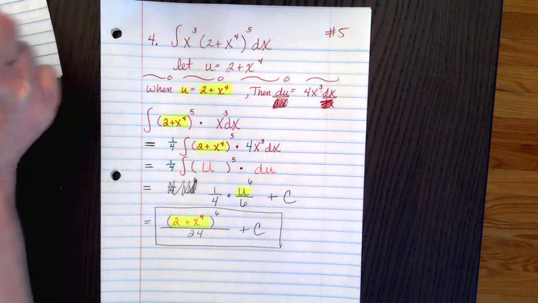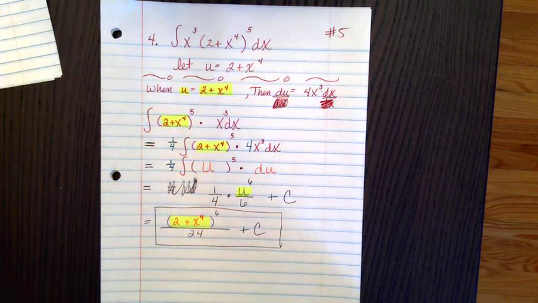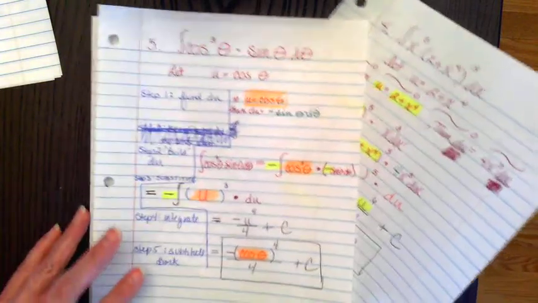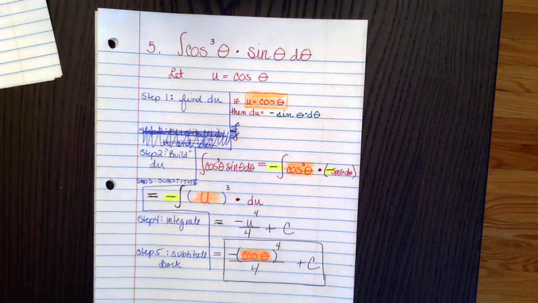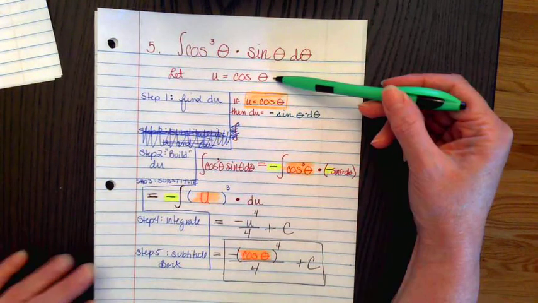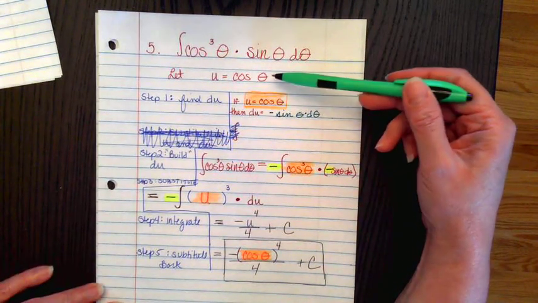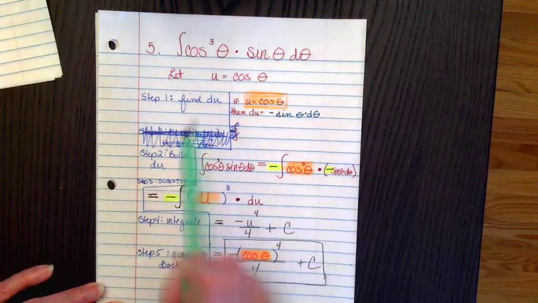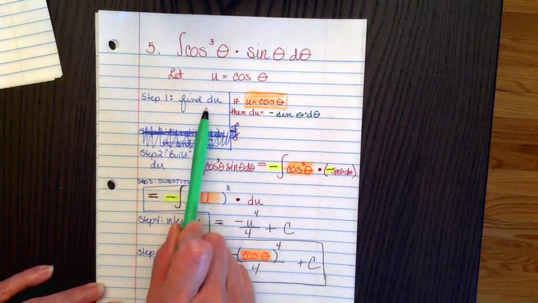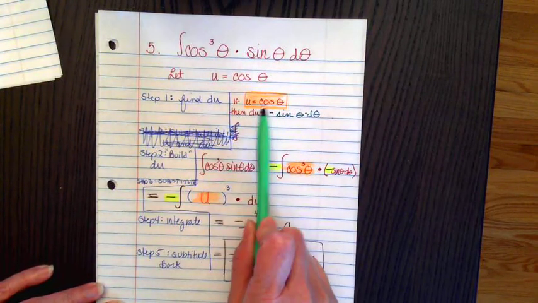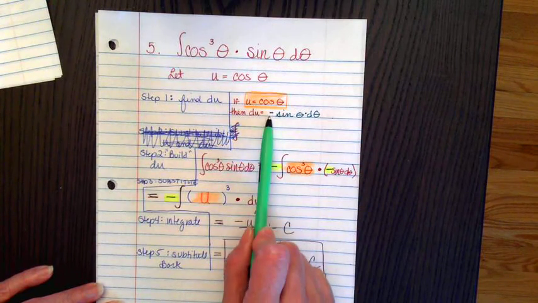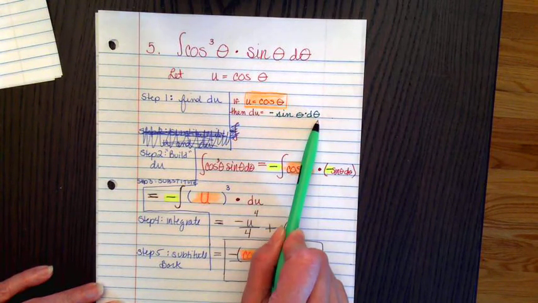We can also use substitution with some trigonometric functions. So in example 5, we're given that we should use u equals cosine of theta. Now if u is equal to cosine of theta, then our first step is to find the derivative of u. The derivative of cosine is the opposite of sine theta times d theta.